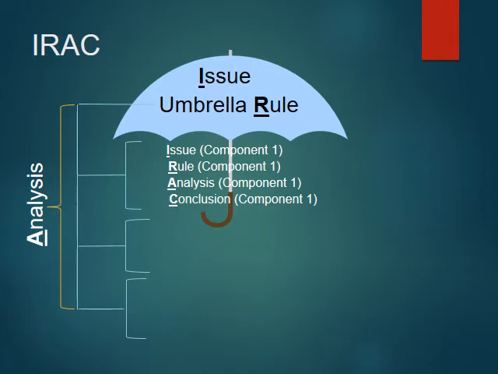By this I mean, imagine the first component, component 1, is intent. The issue you have to resolve is whether the alleged tortfeasor had the intent to commit the tort. The rule is, boom, you provide the definition from the restatement third for Professor Kravitz of intent.